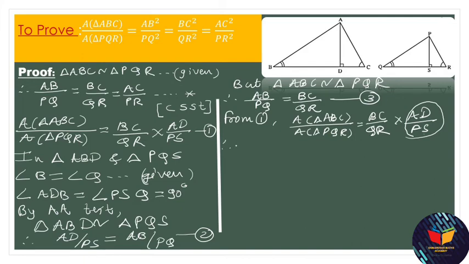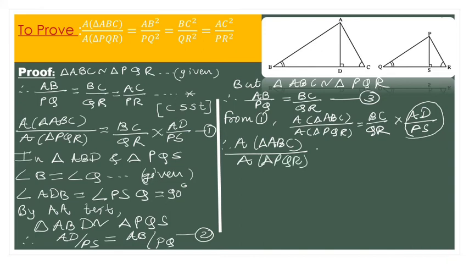So we get, therefore, area of triangle ABC to area of triangle PQR is equal to BC upon QR into BC upon QR, which is equal to BC square upon QR square.